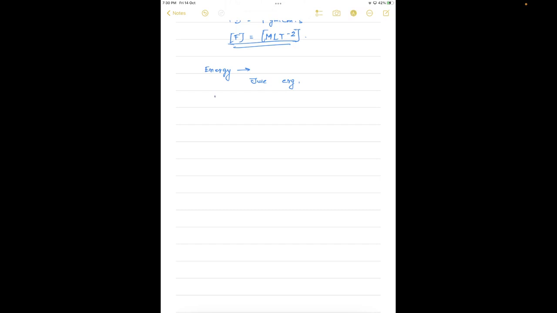We know work equals force times displacement. So if you write down the unit of energy, or W, in CGS unit, the CGS unit of force is dyne times the distance, which in CGS is centimeter. So dyne centimeter equals erg. So 1 erg equals 1 dyne centimeter.